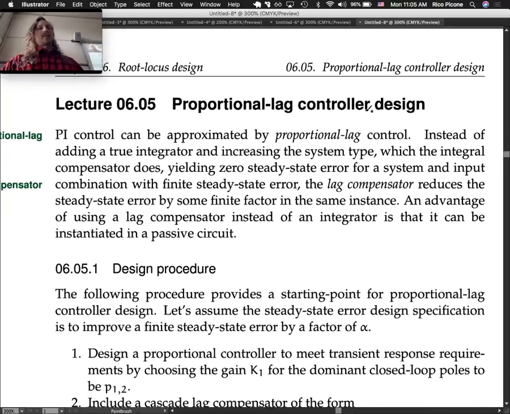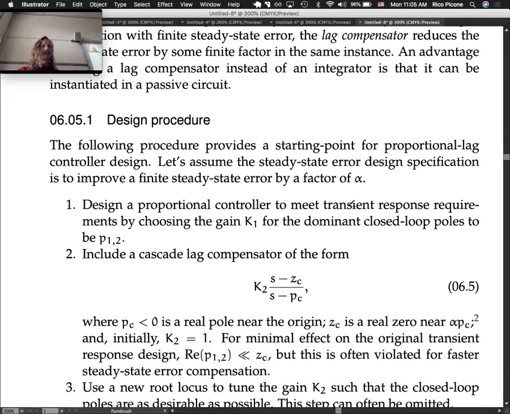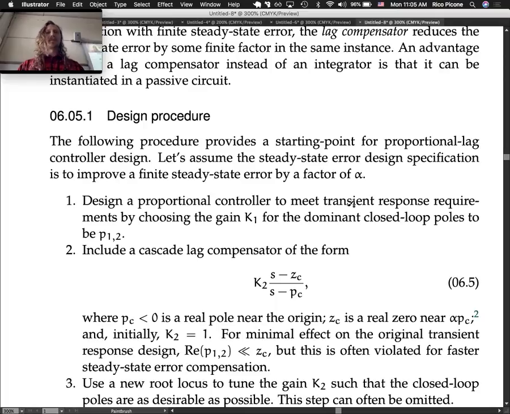Okay, the design procedure. The following procedure provides a starting point for proportional lag controller design. Let's assume the steady-state error design spec is to improve a finite steady-state error by a factor of alpha. Say you've got a steady-state error of 30% when you do a proportional controller, and you want to improve that by a factor of alpha.